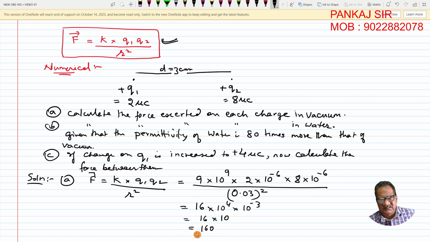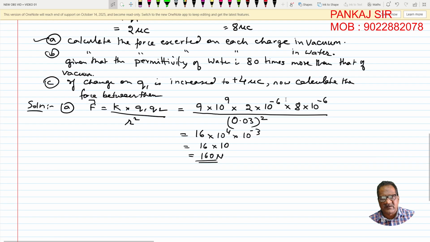And because this is force, it will be in Newton. The answer for the A part of the question: the force exerted between the two charges will be 160 Newton. The force will be repulsive because both the charges are positive. So this was in the case of vacuum.